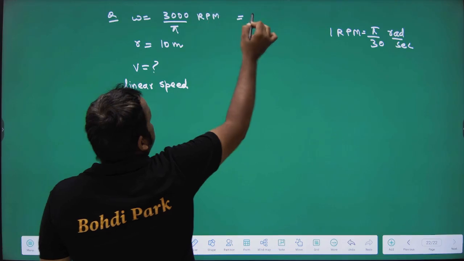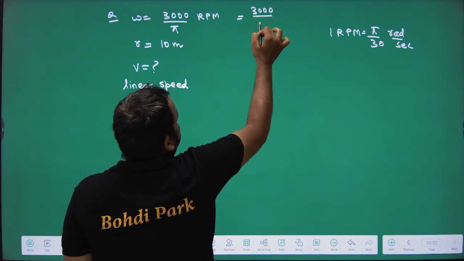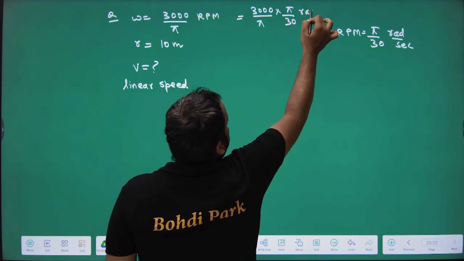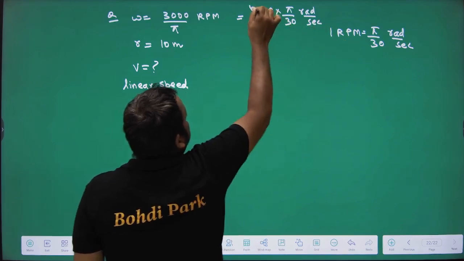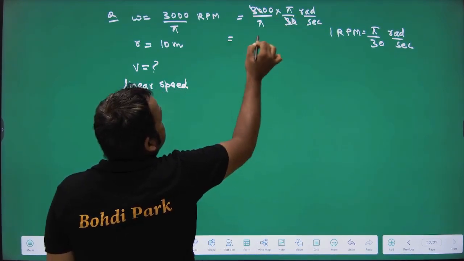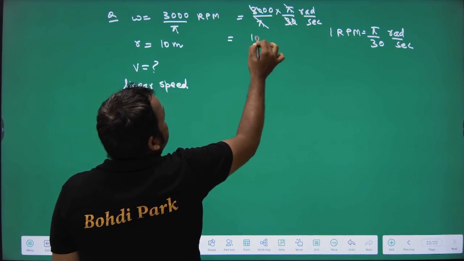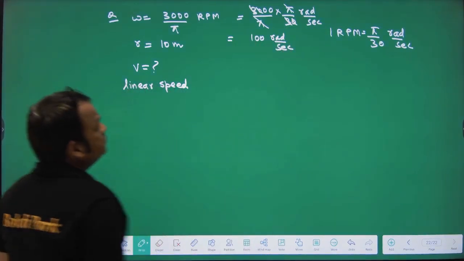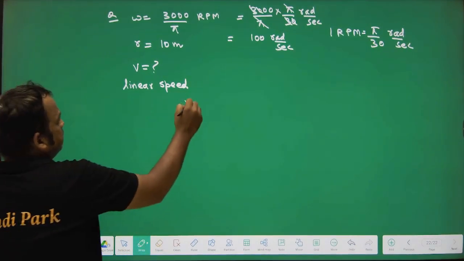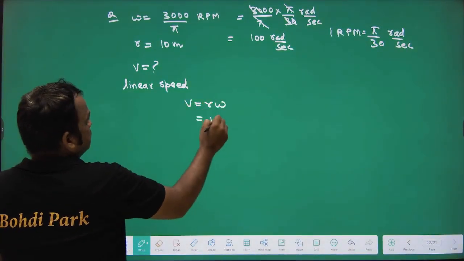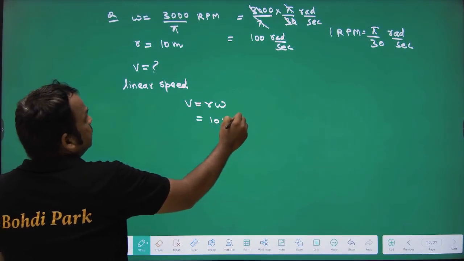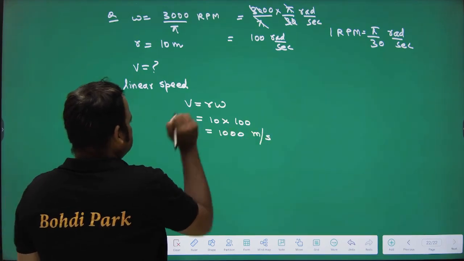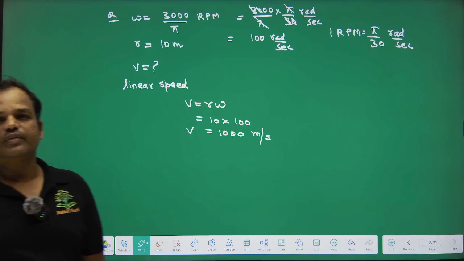So 3000 by pi will become 3000 by pi into pi by 30 radian per second. So 30 cancels, pi cancels, and we have 100 radian per second. So linear speed v will be equal to r omega, that is 10 into 100, which is 1000 meter per second.